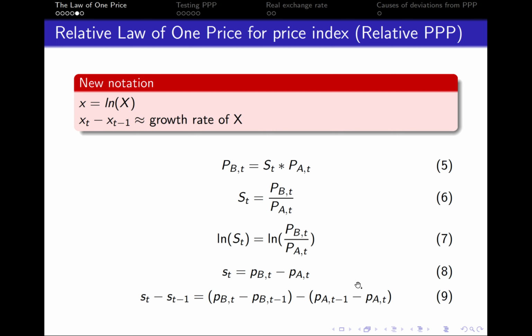Again, as you see, we got our relative law for the price index that you see in equation 8 and in equation 9, directly from the absolute law. But we cannot go in the opposite direction. Remember, again, number 5 is a special case of 8. We get from 5 to 8, but we cannot get from 8 to 5.